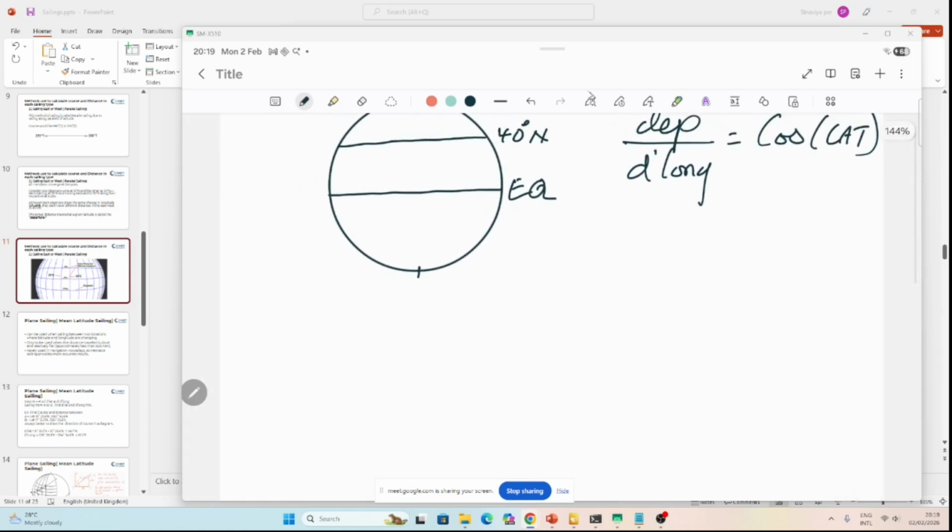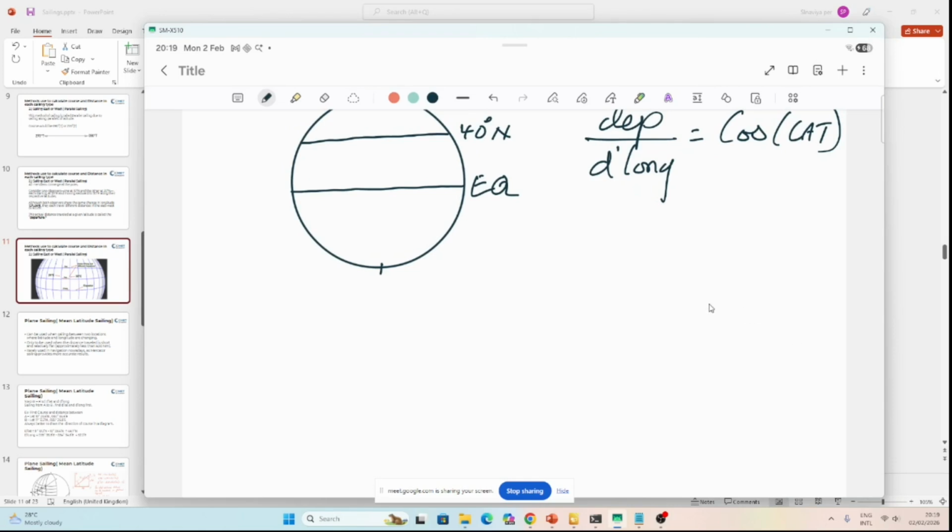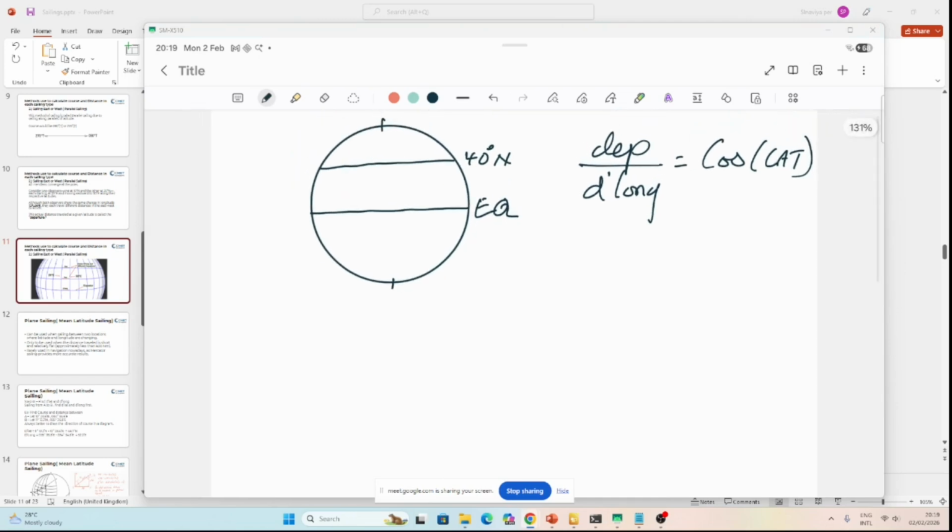And then you saw that you cannot take D long as the distance measuring unit. The east-west distance in nautical miles is basically departure.